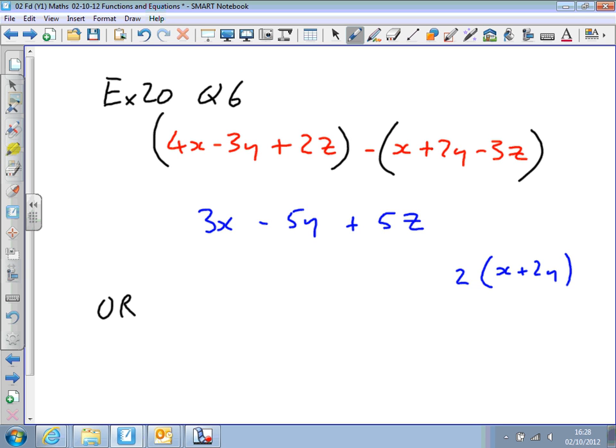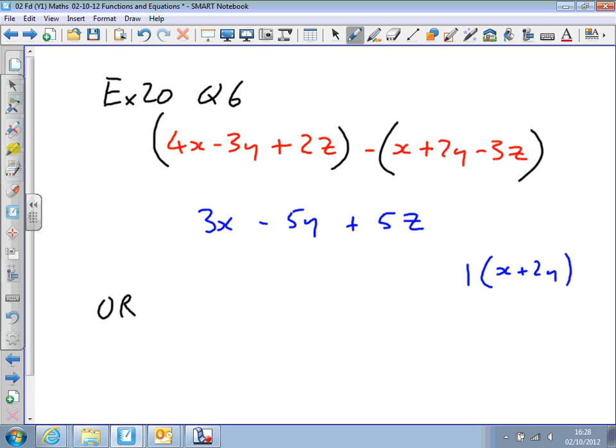We know that means I've got to multiply each of the terms inside here by the 2 that's outside. So it's taken as read that if there's nothing outside the bracket, what's there? No, not 0, because 0 times that is 0. So it must be a 1. So we never write it, but there's always a 1 there.